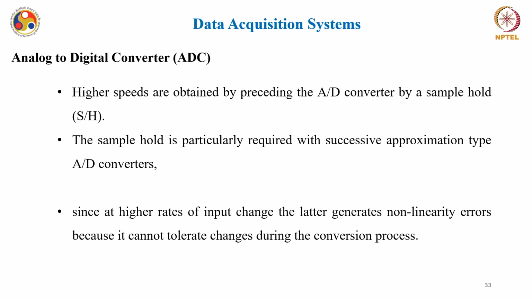Because at higher rates the input is changing, and it also generates a lot of non-linearity errors, and for the conversion process to take place within the time period, sometimes it is crucial to hold the signal for the ADCs. We have seen that in all kinds of ADCs this sample and hold circuit is required, but its importance is even higher when you talk about a high frequency input signal.